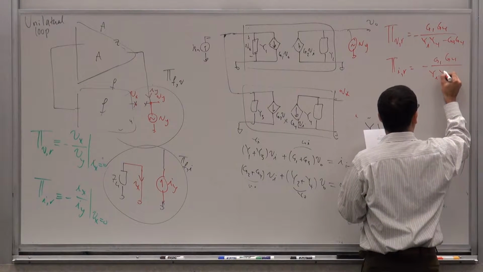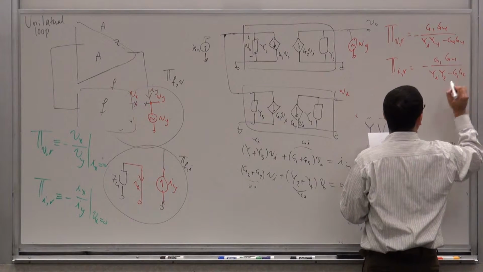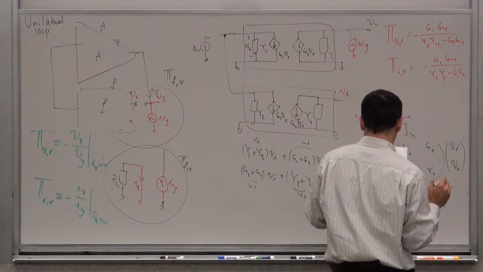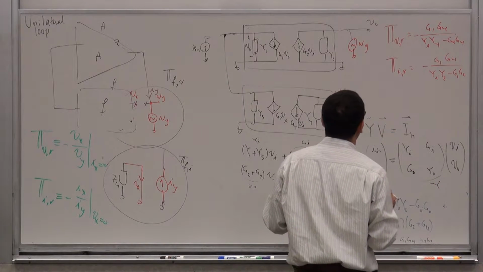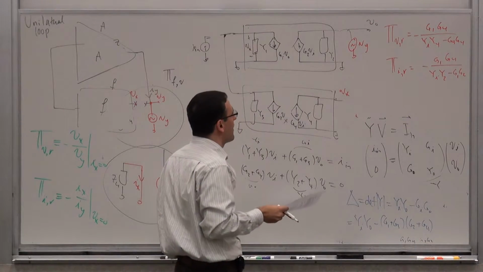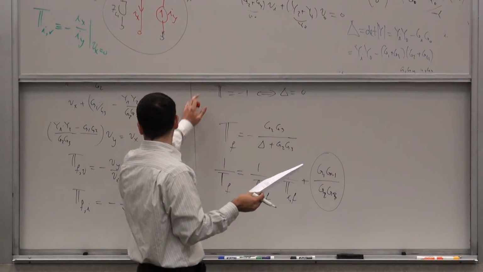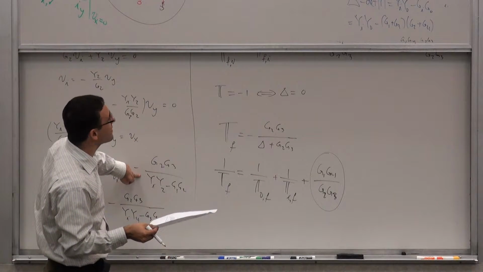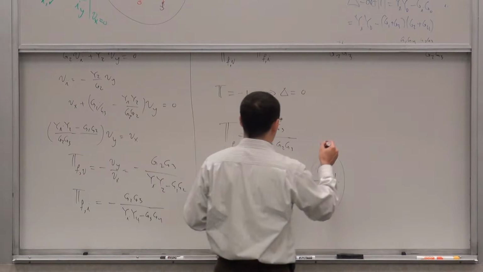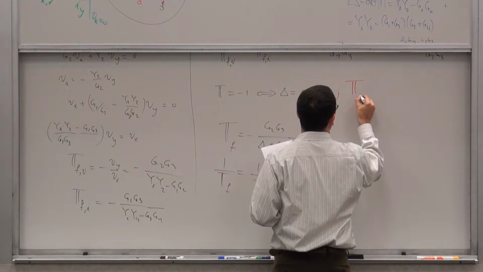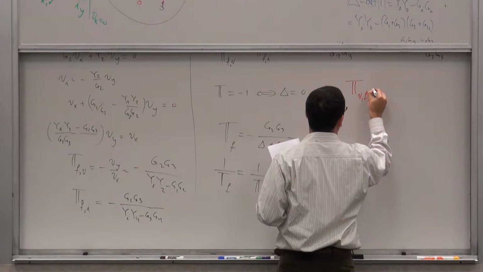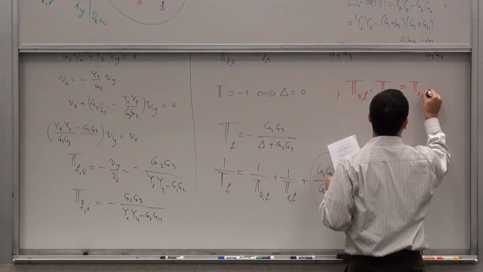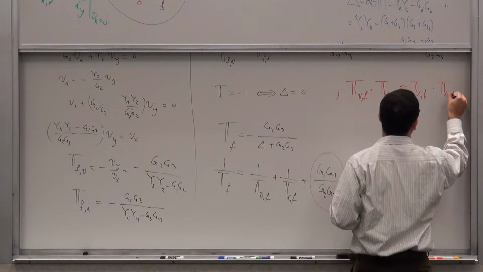y I y2 minus g1 g2. Okay? So that's what we have. So we have four quantities. These four quantities. And if you look at them carefully, you will see these two and those two. You see that if you calculate the products, what you have is that you have Tv forward times Tv reverse is equal to Ti forward times Ti reverse.